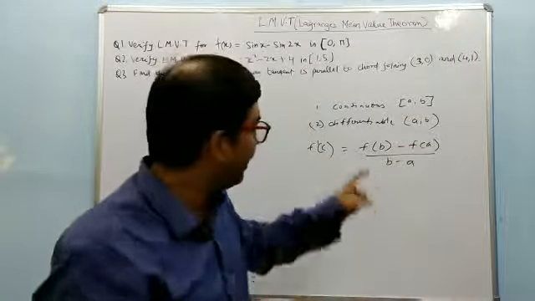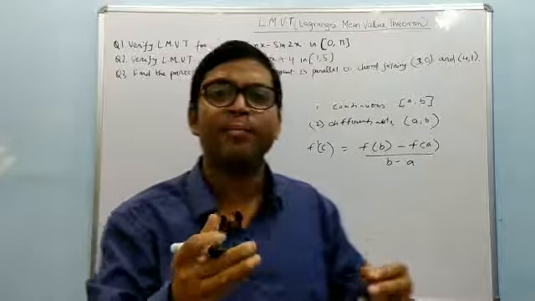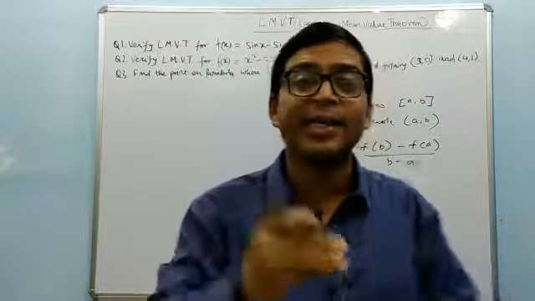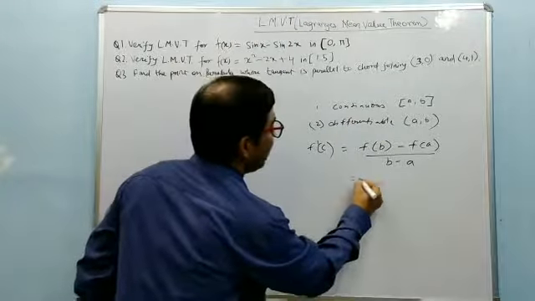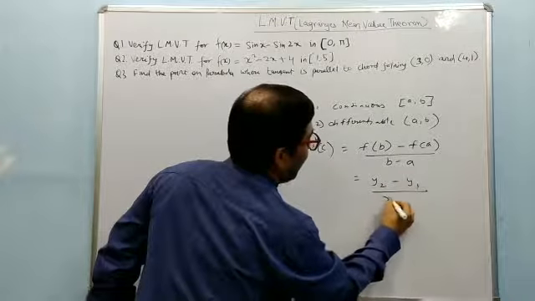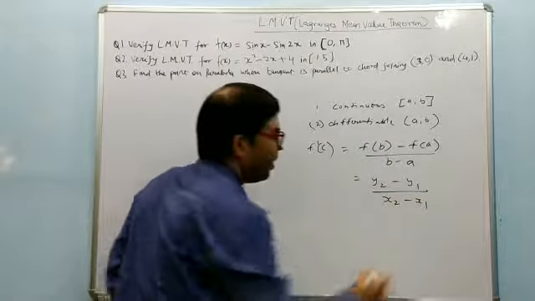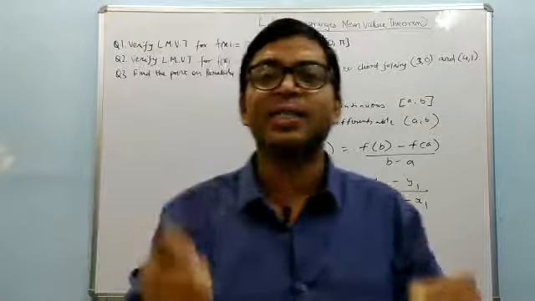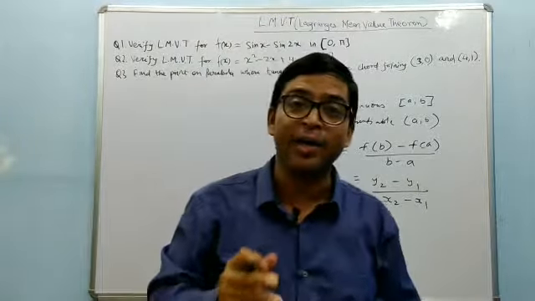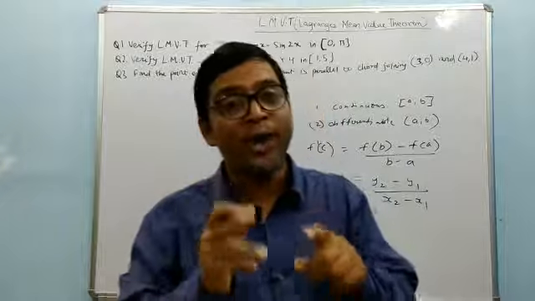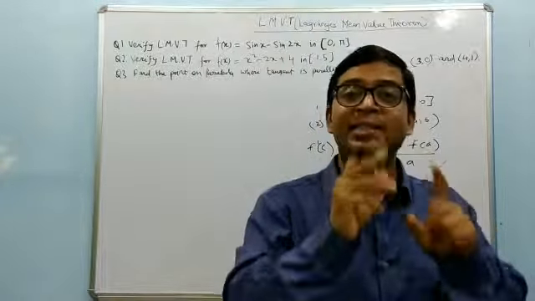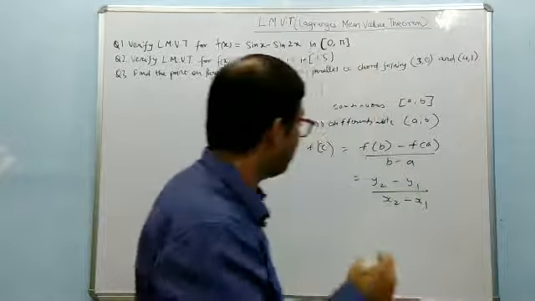What does this mean? Actually f(b) means the value of the function when x is b. So if we write in this fashion, y2 minus y1 by x2 minus x1, actually this is the slope of the chord joining the points a and b. So at that point the tangent will be parallel to the line segment joining the 2 points. What is the geometrical meaning?